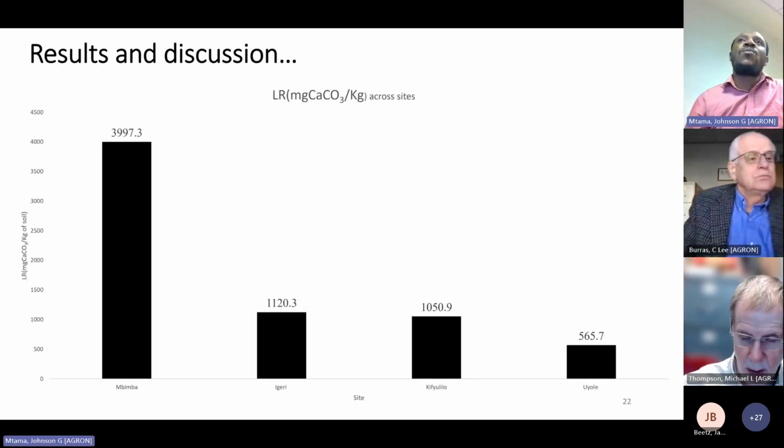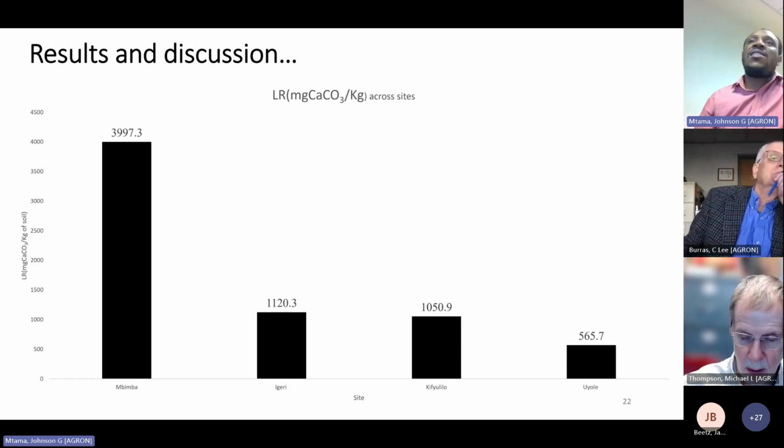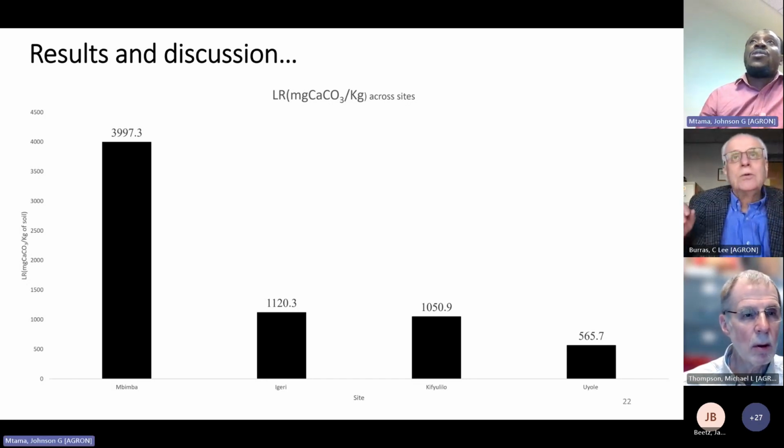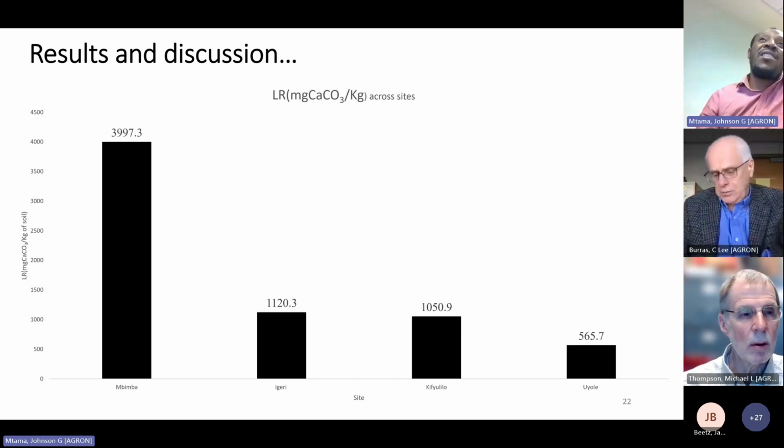Then for the lime requirements, again, it's the same trend as in the lime buffering capacity. Mbimba had the highest lime requirement because these amounts are being attributed by the amount and type of clay that is available at these sites, making more exchange sites that have been occupied by acidic cations.